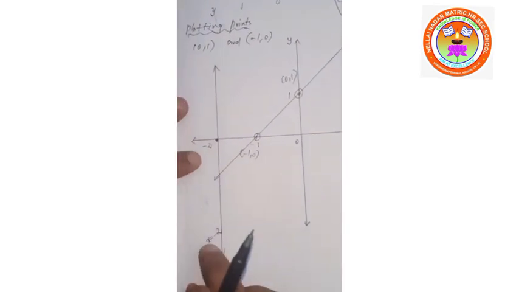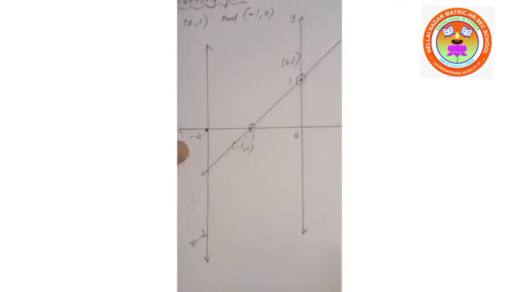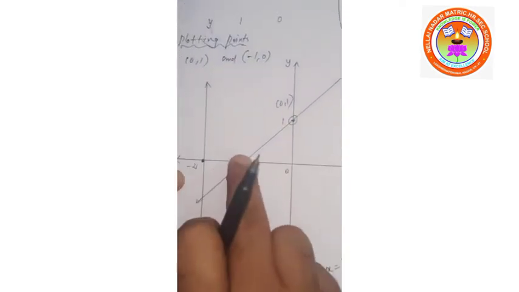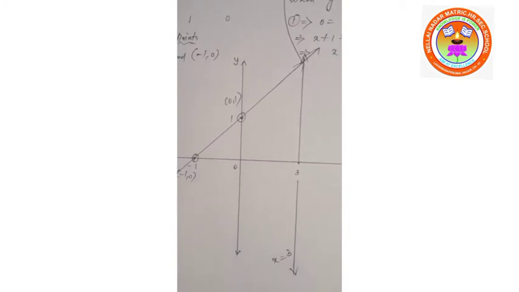So, between x equals minus 2 and 3, here one closed region, here one closed region, double closed region.